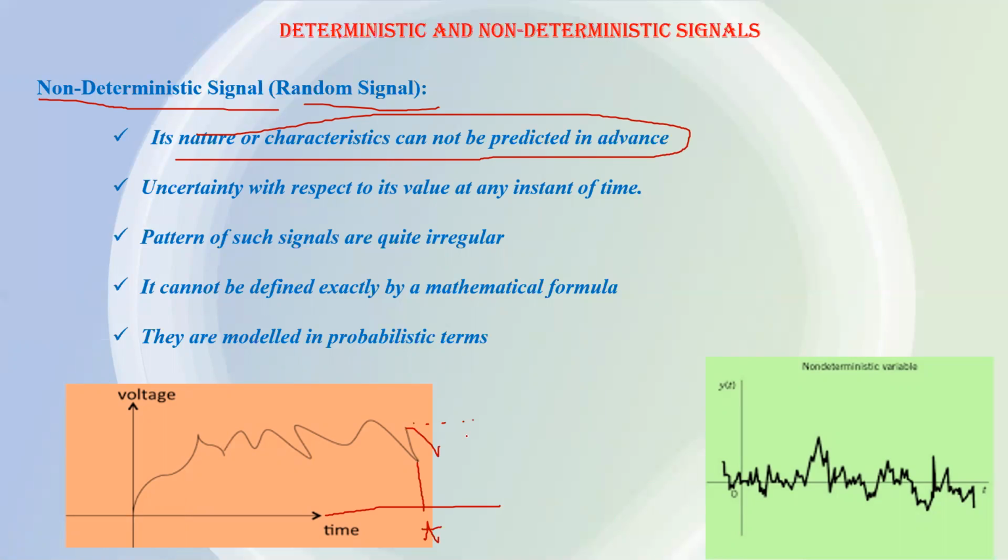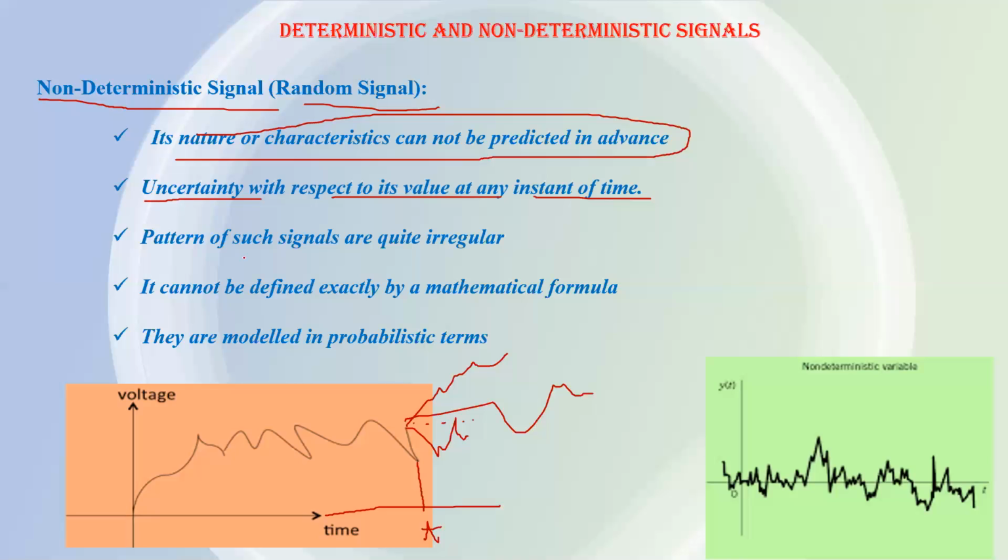It can be like this, it can be like this. Means there is uncertainty with respect to its value at any instant of time. It can be 2 volt, it can be 5 volt, it can be 0 volt. So you cannot predict its value at any instant of time.